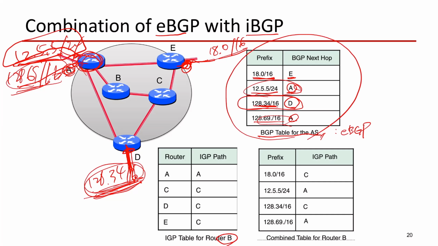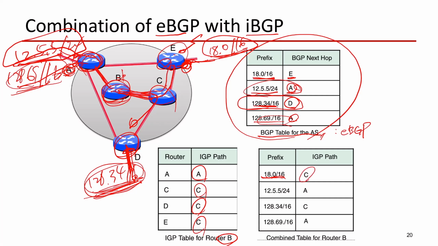And let's look at the routing table of B. If I want to talk to A, I can talk directly to A. If I want to talk to C, I can talk directly to C. If I want to talk to D, I should talk via C. If I want to talk to E, I should also talk via C. So in the view of router B, if packets for prefix 18.0.16 are coming this way, via E, whom should I talk to first?